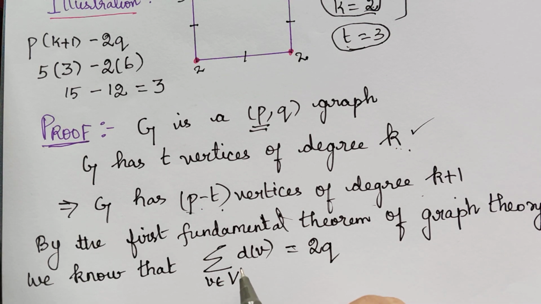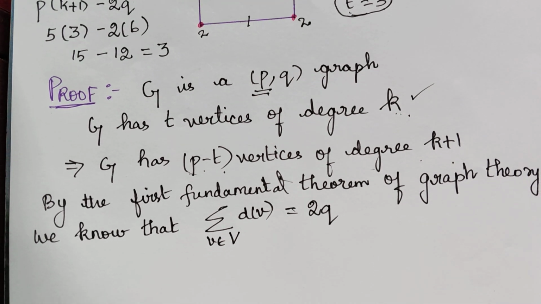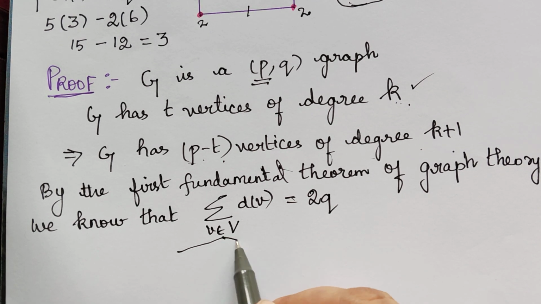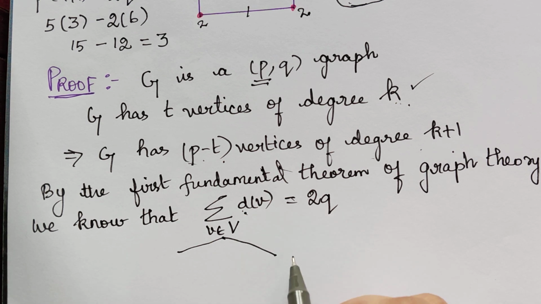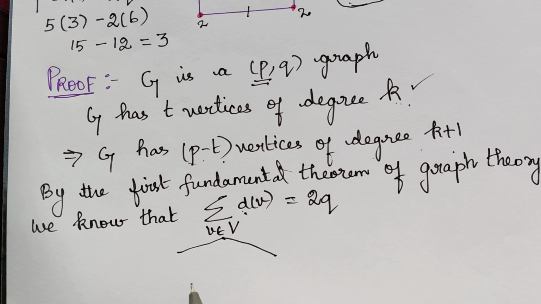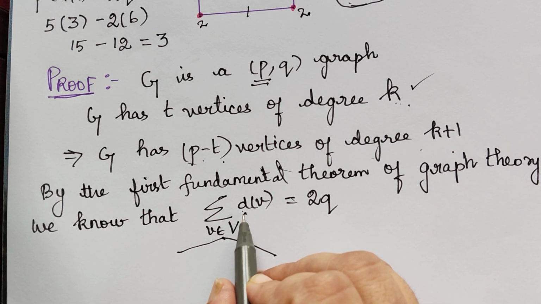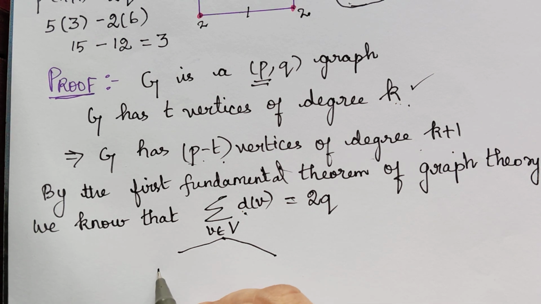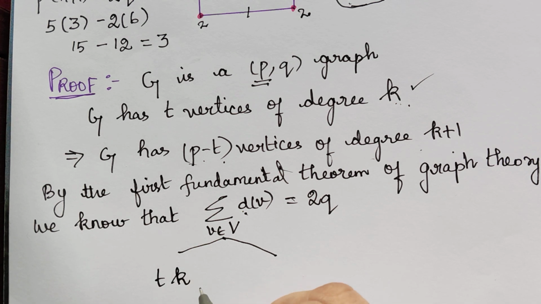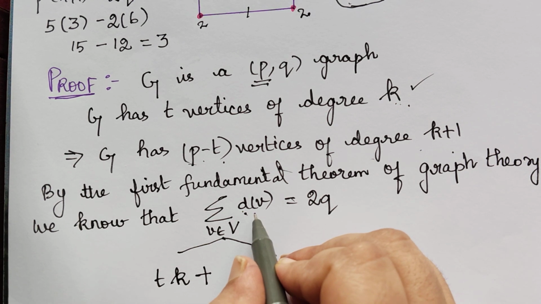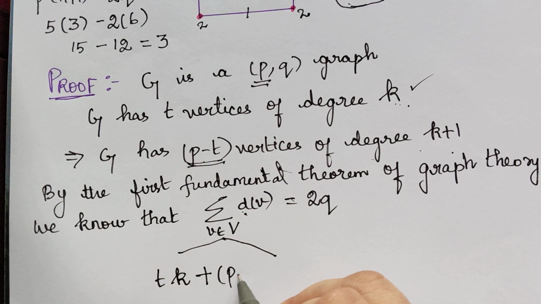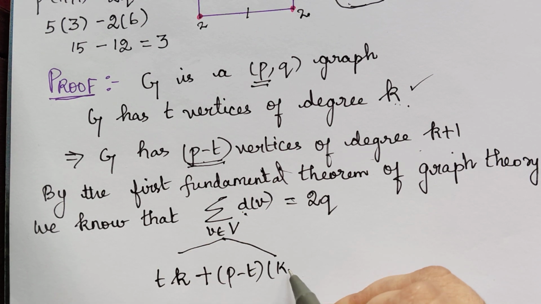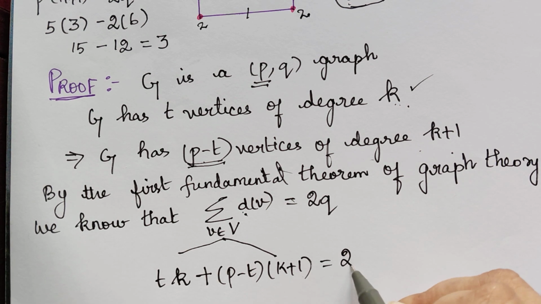Now, this summation can be split up into the degrees of those vertices with degree k and degree k plus 1. How many vertices have degree k? T vertices. So t multiplied with k, plus, and how many vertices have degree k plus 1? We saw that it is p minus t. So (p minus t) multiplied with (k plus 1) is equal to 2q.